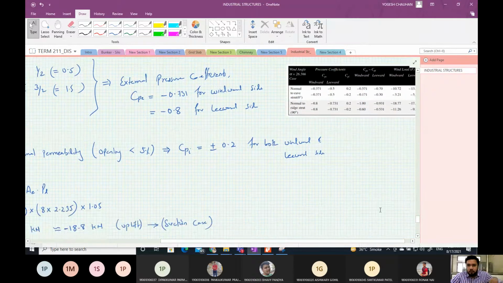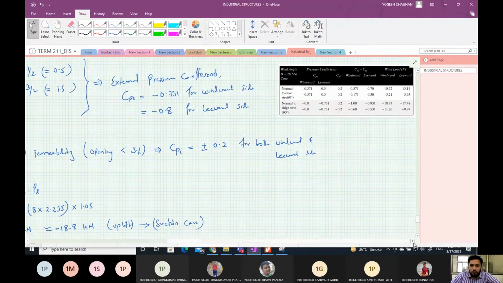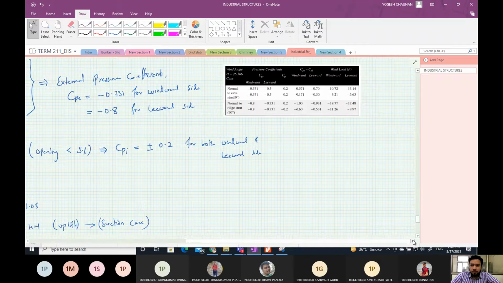See what you can do, you can make a table like this.